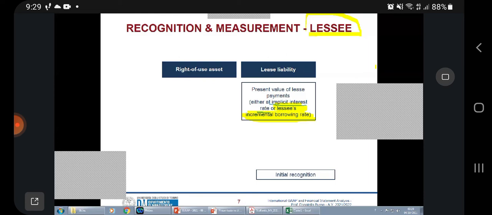It's quite complex, in particular in a group, because it is not possible to identify just one single lessee incremental borrowing rate, because it depends on currency and the lease term. Of course, first of all, it depends on the position of the company in terms of credit risk, but also the currency and the lease term. Is this clear for everybody?